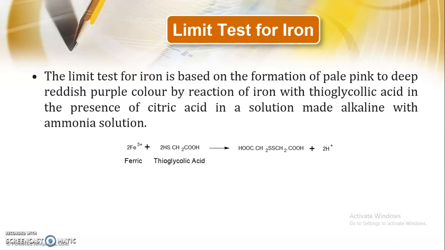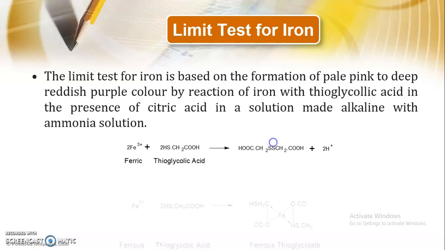The formation of the coordinate complex takes place with the ferrous form of the iron only. So here you can see the ferric, on reaction with thioglycolic acid, is first reduced.